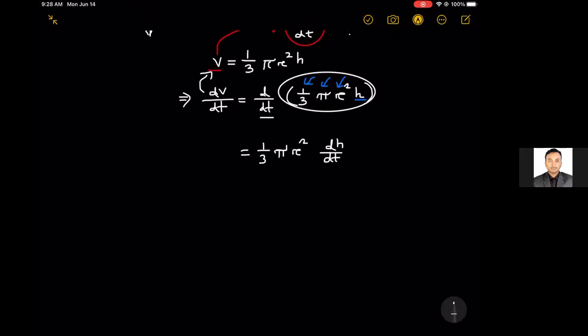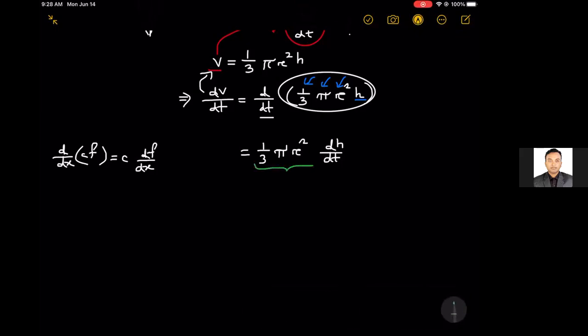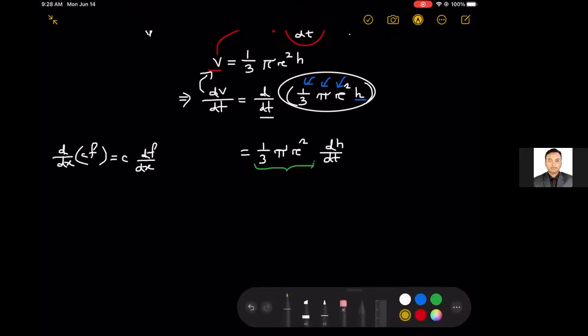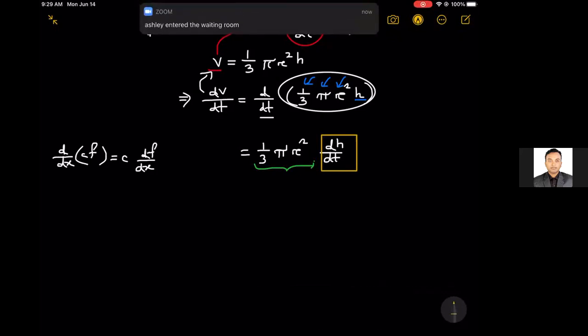And we know if we have a constant times a function, we can actually keep the constant outside and find the derivative of the function. That's what I've done here. All of these are constants. I kept them outside and just found the derivative of the function, let's say. Although the entire part was the function anyway.